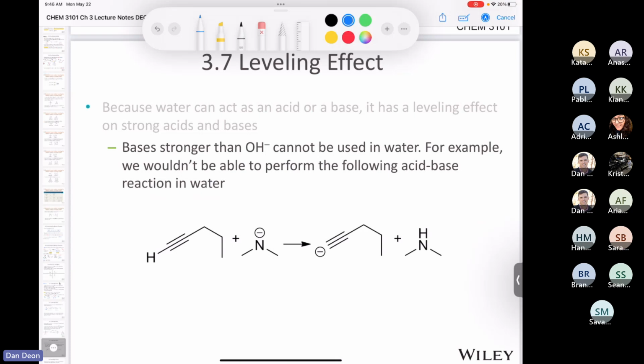It's just a straightforward reaction. This is called a dimethylamide ion. This is called 1-pentyne. But anyhow, here we have a reaction between the pentyne, and we see that this has a pKa equal to 25. This is our acid. This is our base.